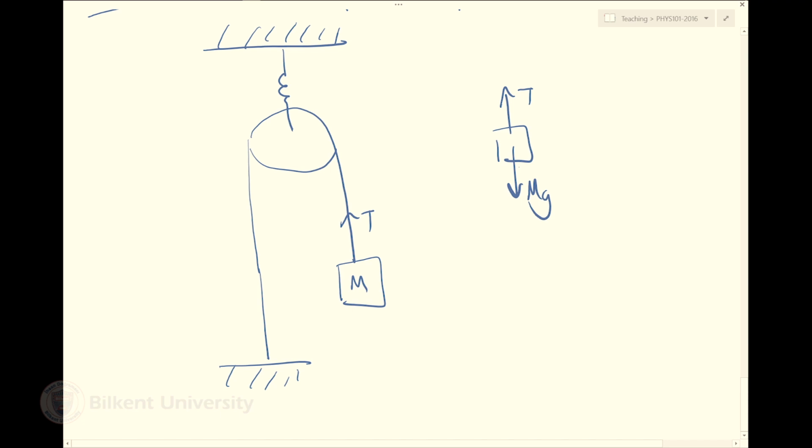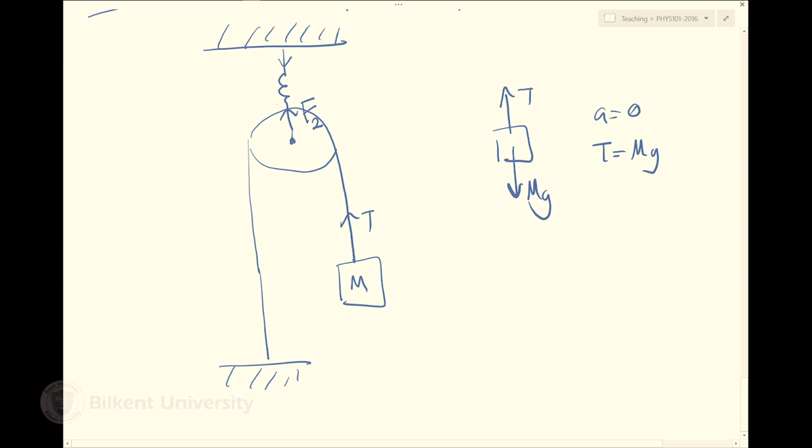And if I'm in equilibrium, a is equal to 0, which means T is equal to mg. Great. Then, can you tell me what's the force, let me call it F2, of the spring?